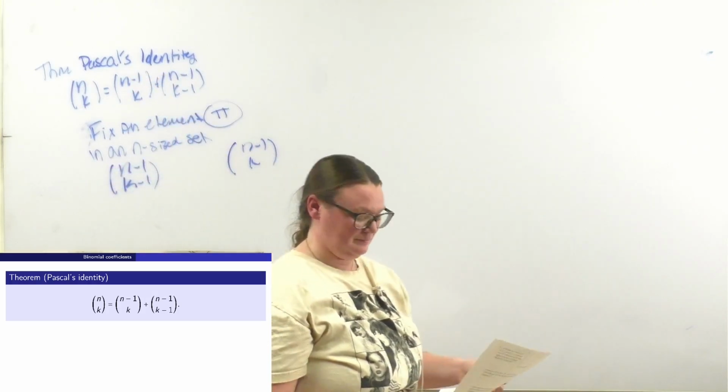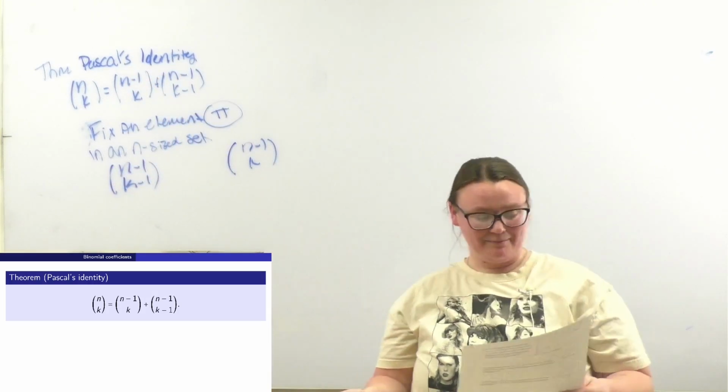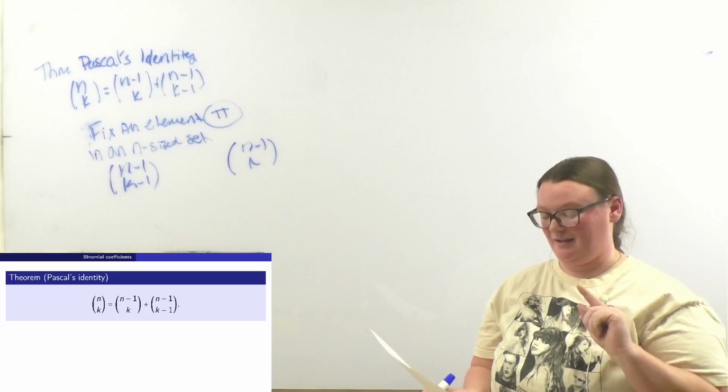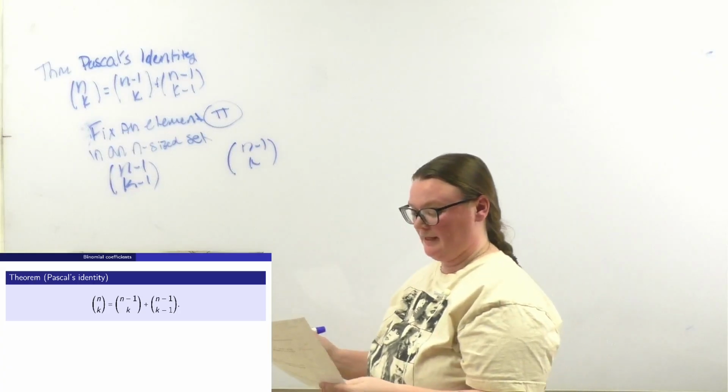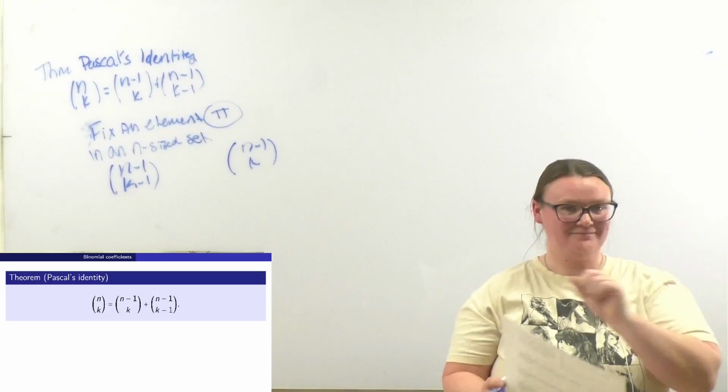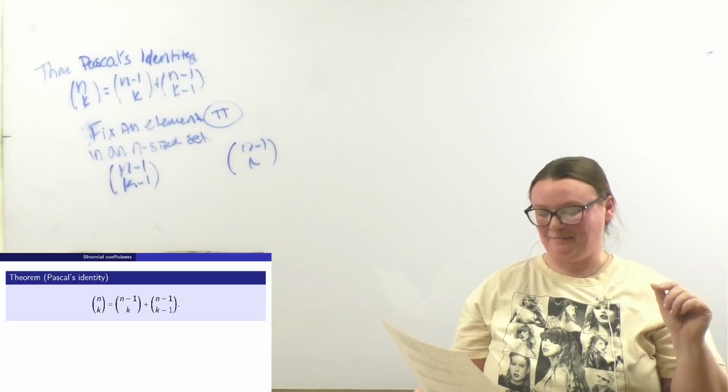Yay. So now, if we want, we can prove it by double counting binary strings of length n with exactly k ones. And a binary string is like ones and zeros. Backwards and forwards. Okay.